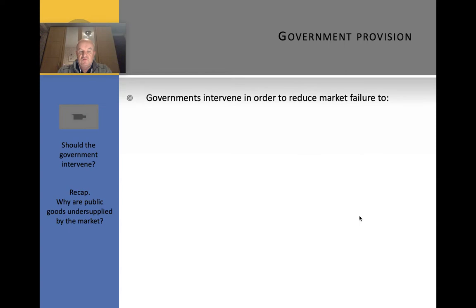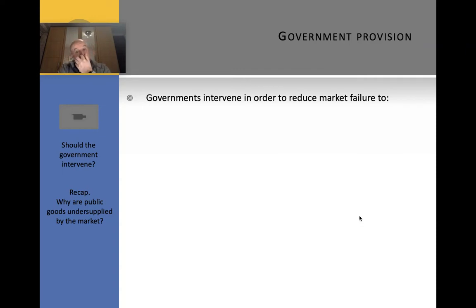Okay, so we're talking in most instances about government intervention to try to address these market failure issues. We need to discuss some of the reasons why the government chooses to intervene, and also whether they should or not. There's an argument to say that we should leave the market to deal with any of these issues, and the free market will eventually even itself out and find an equilibrium point.